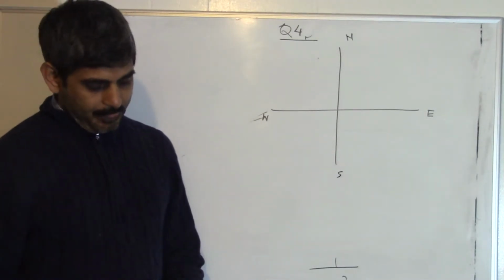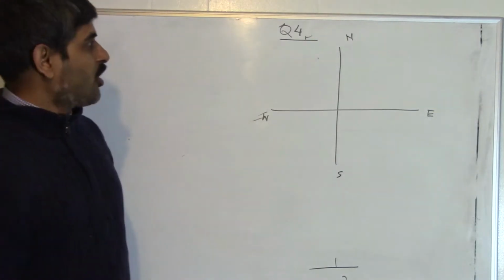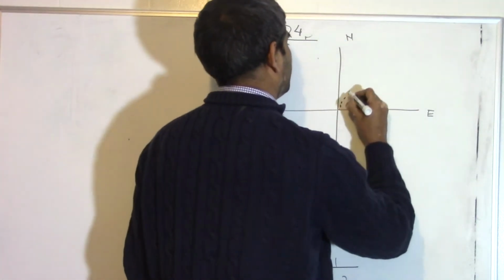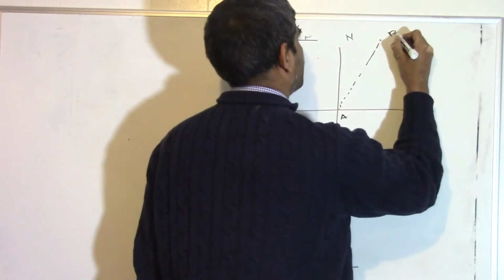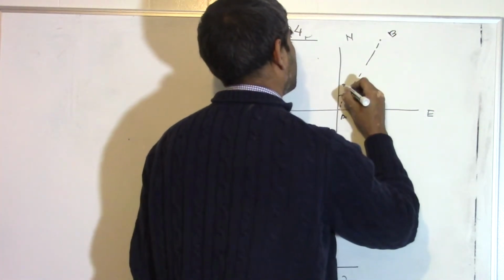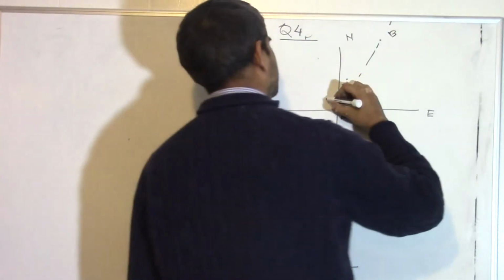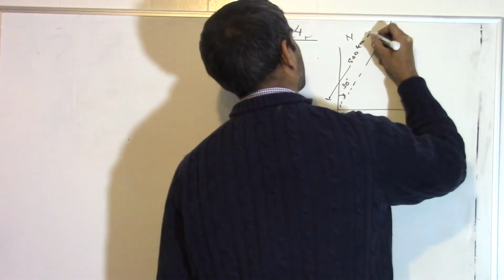The plane needs to go from point A to point B, 30 degree from the north towards the east. So this is point A, this is point B, this is 30 degree. The aeroplane has to go from here to here, and this distance is given as 500 kilometer.